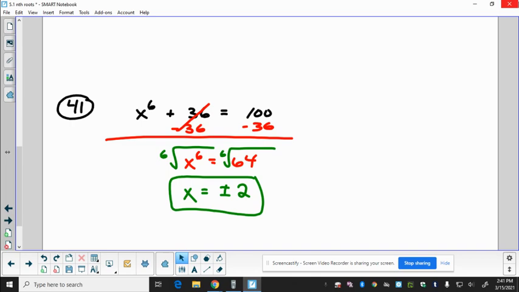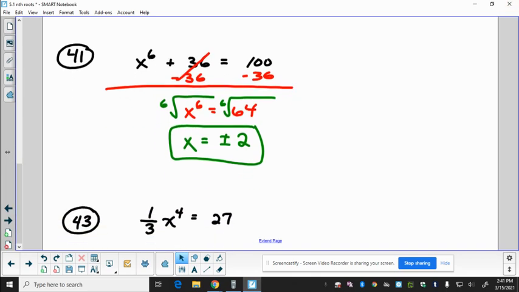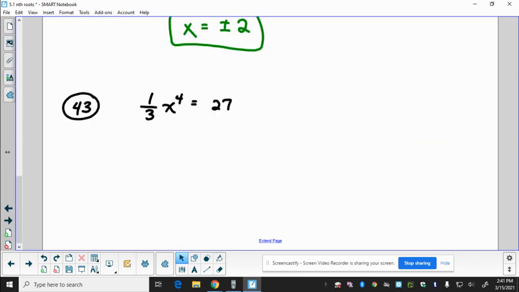All right, let's see if we have some more practice problems we could try. Oh yeah, there's one down here. Okay, let's try this one. So we have a multiplication problem.